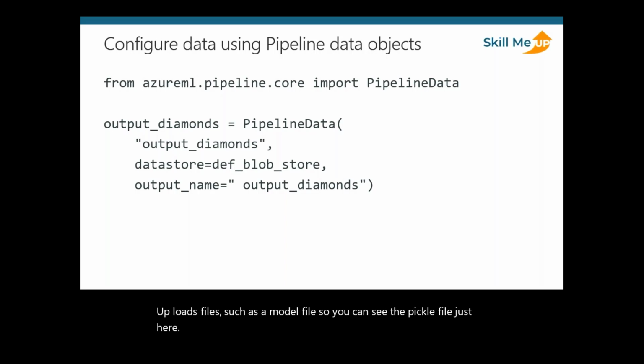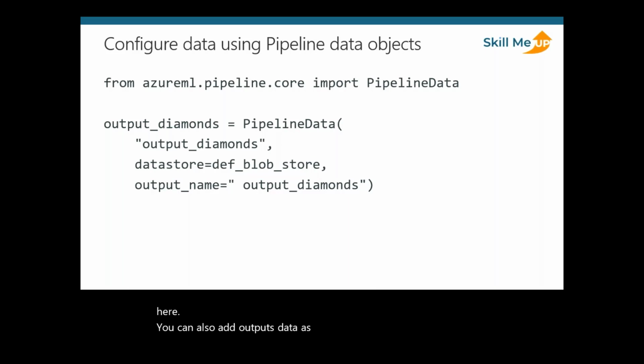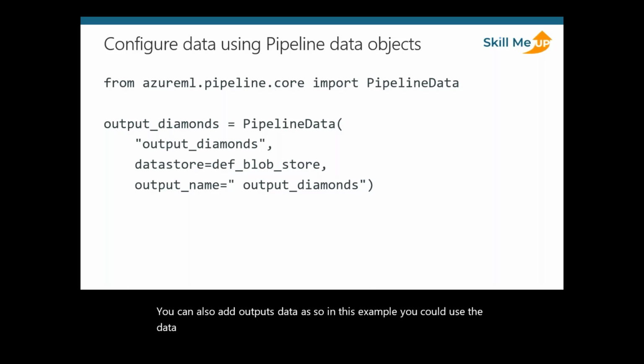You can also output data as well. So in this example, you could use the dataset and place data back into the blob storage. In this example, we are using the diamonds dataset, and we are going to output that data to the data store, and we also specify that it has a name.